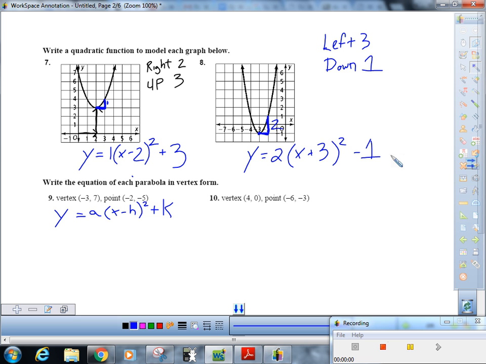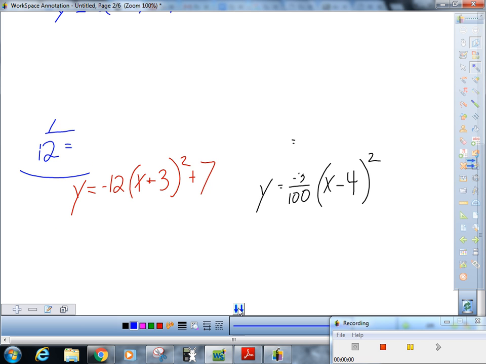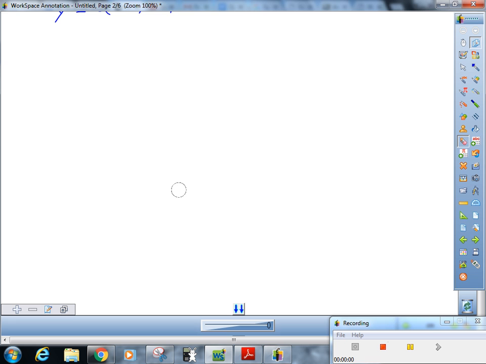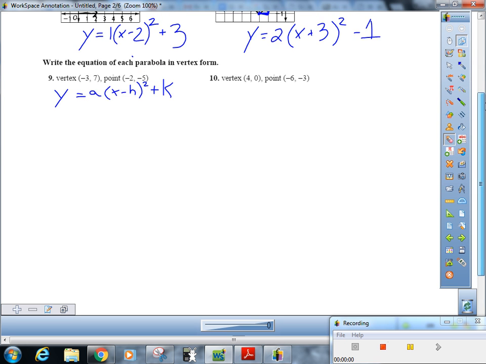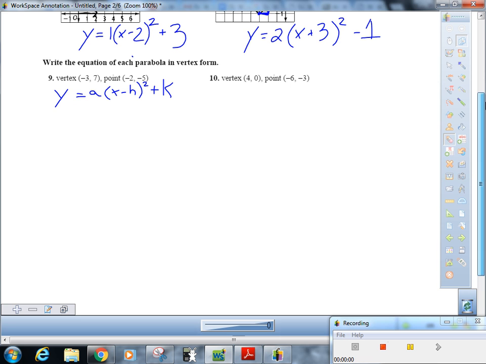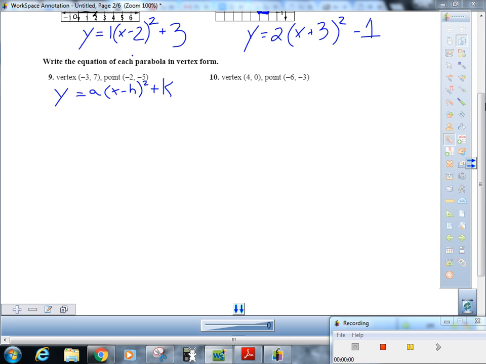All right, continuing on. 9 is, whoops, spoiler alert. 9 is very similar, but it doesn't look anything like the previous question, because 9, now we have to use algebra to find what we're missing.